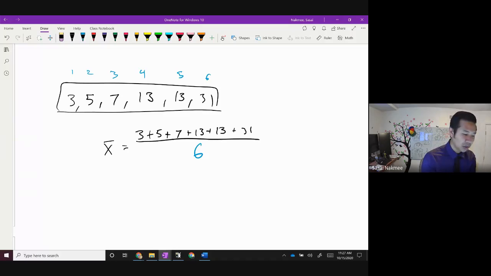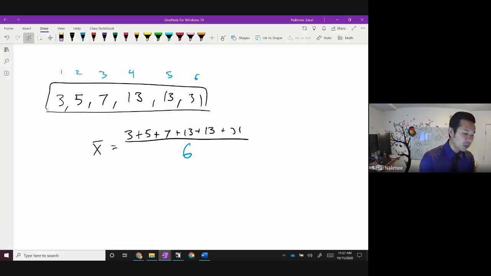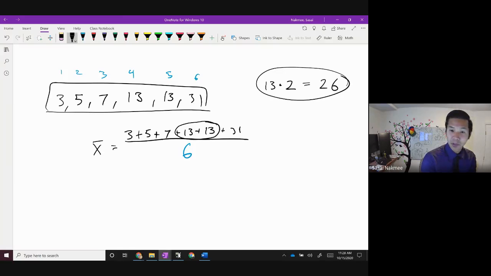What I'm trying to show you is, if you have numbers that repeat themselves, you can do a shortcut here. If there's 13 and there's 2 of them, we can just take that 13 and multiply by 2, which gives me 26. That represents me doing a shortcut for this part right there.